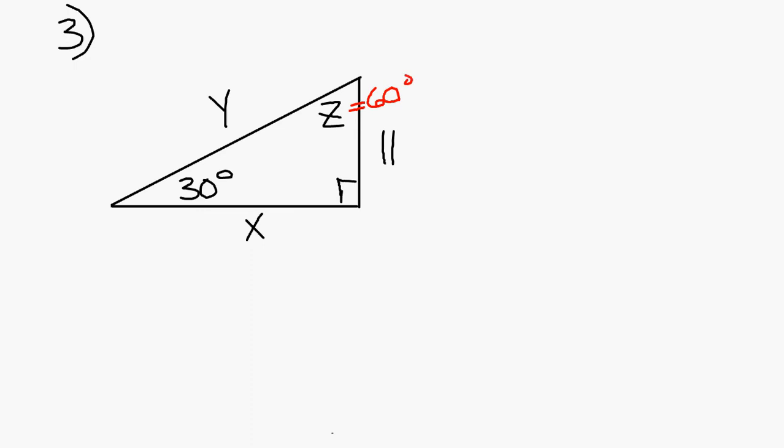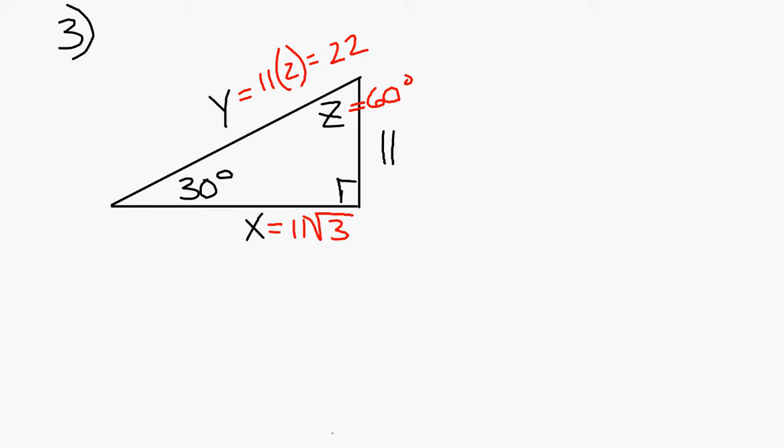Your rules for a 30, 60, 90 right triangle are the short side times 2 equals the hypotenuse. So y equals 11 times 2, which is 22. The other rule for a 30, 60, 90 is that the short side times the square root of 3 equals the long side, or the long leg. So your x would be equal to 11 times the square root of 3.